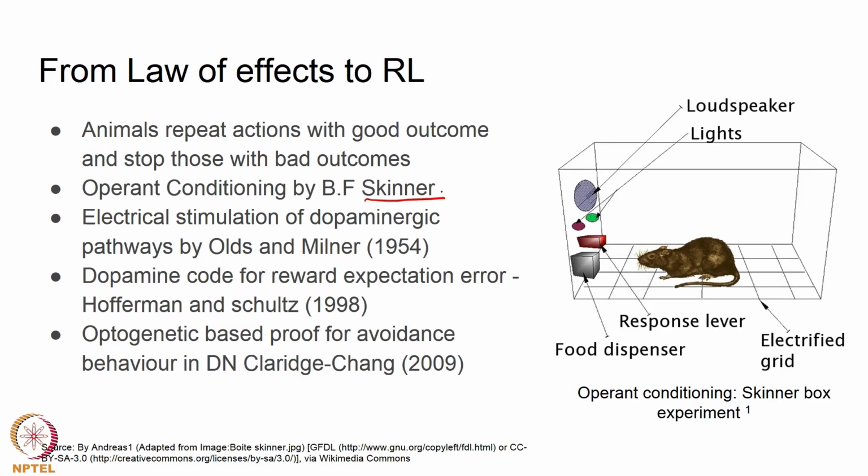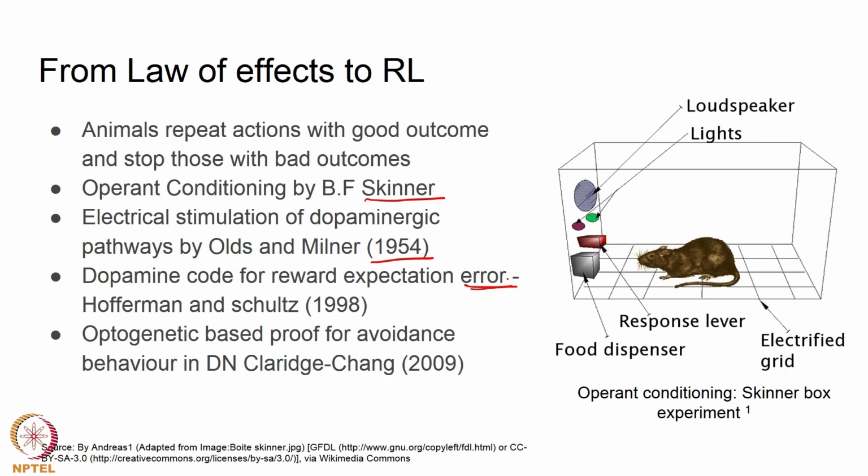Some of this is from 1954. And what has also been learned, very importantly, is that the dopaminergic neurons do not actually code the reward itself, but rather a different quantity, called the error from the reward expectation.